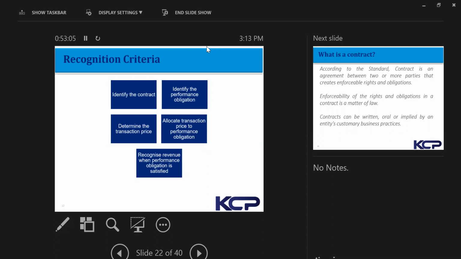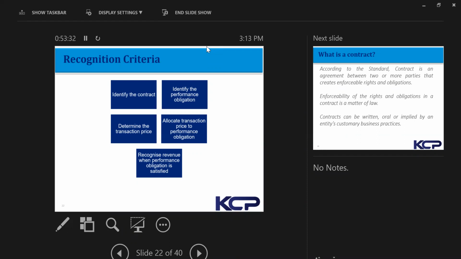So whenever you want to apply IFRS 15, then you must work with this recognition criteria. Have you had a contract? You need to identify the contract. What is the form of the contract? What is a contract itself? What are the things that make a contract null and void, right?